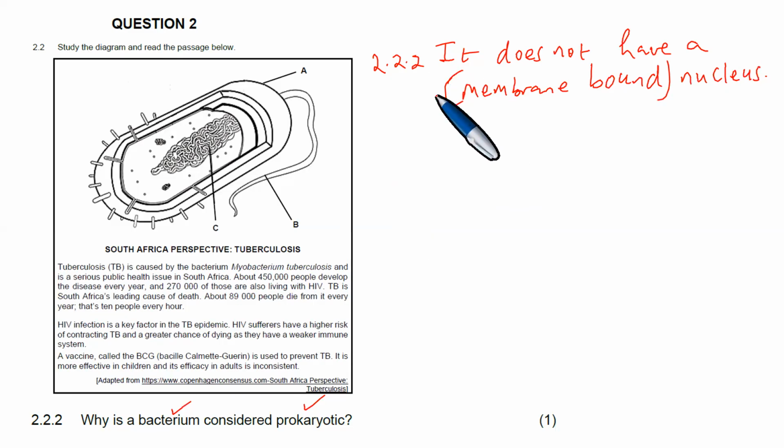So in other words, why is a bacterium considered prokaryotic? Because it does not have a membrane bound nucleus. That is why a bacterium is considered prokaryotic: its nucleus is not membrane bound. Next question.